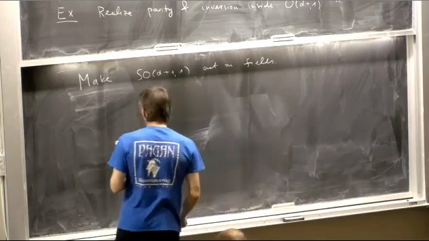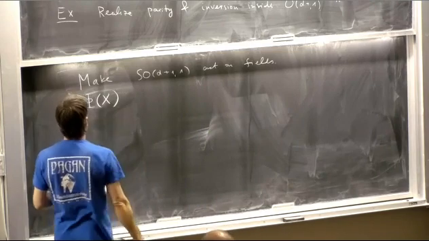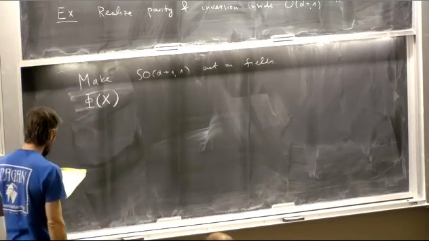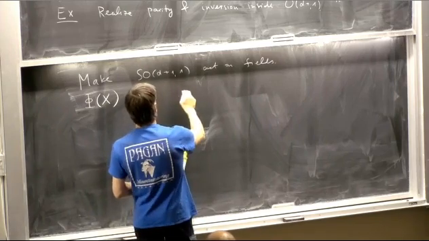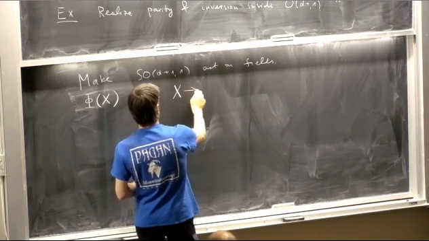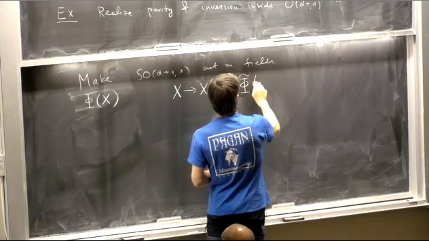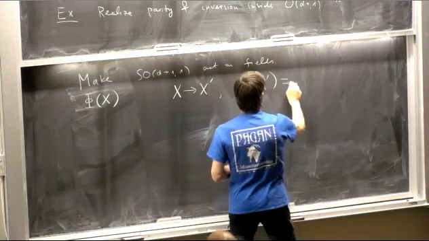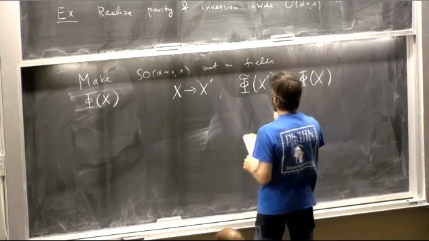So I'm going to consider a field phi of X, which lives on the light cone. And the transformation is going to be exactly the transformation appropriate for a scalar field. So if X goes to X prime, I'm going to consider phi tilde of X prime equal phi of X. So this is appropriate for scalar fields.